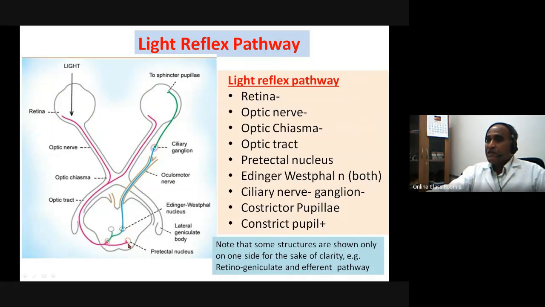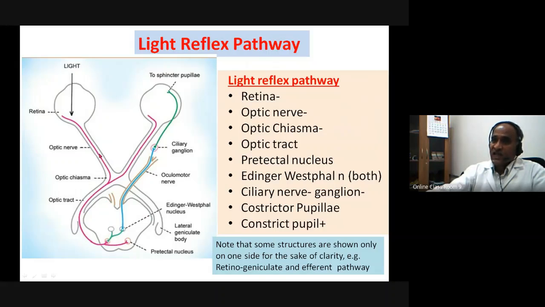From the pretectal nucleus it is released on both sides, and it will be relayed on either side to the Edinger-Westphal nucleus, the third cranial parasympathetic nucleus, and that would be relayed to the ciliary ganglion and then to the constrictor pupillae. That is how it brings about the constriction.